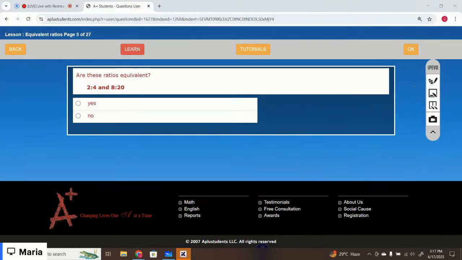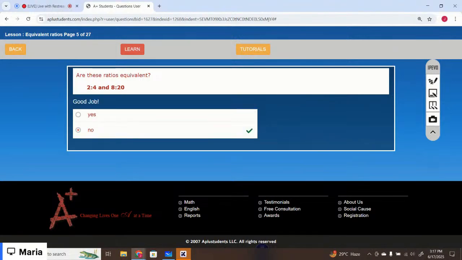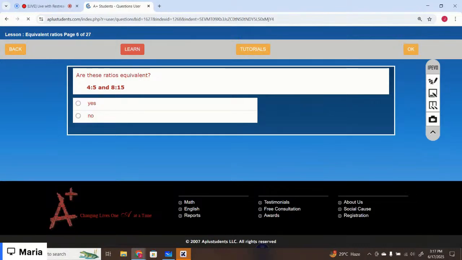The correct option is the one that is marked. Are these ratios equivalent: 4 ratio 5 and 8 ratio 15?